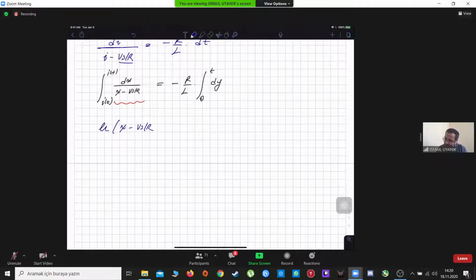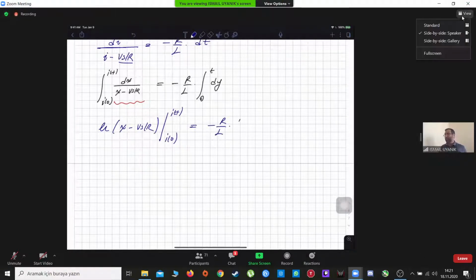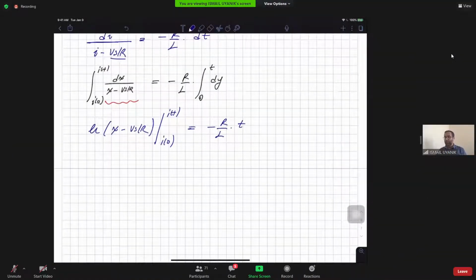So in this case, we will again evaluate this at I(t) and I0, right? And then on the right-hand side, the integral of dy is y, so this will basically again be minus R over L times t. I'm not even going to calculate what is going on in that right-hand side; that will be very, very easy.